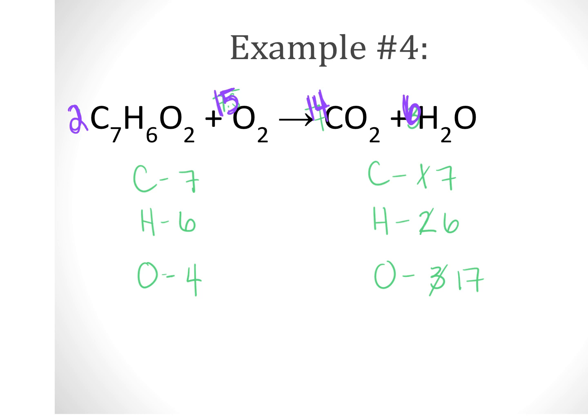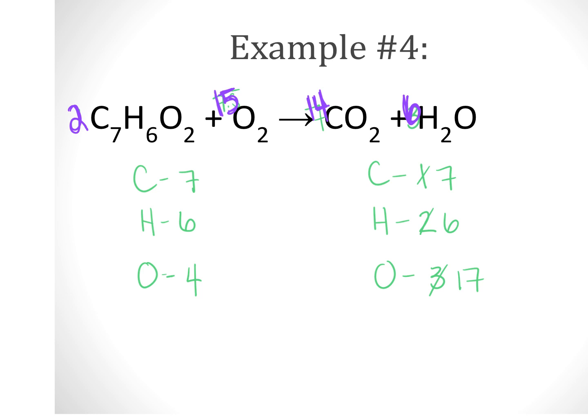Okay, so now we did a lot of guess and check. We did doubling. Should we definitely check our work? Okay, what's 2 times 7? Okay, so 14 carbons. And how many carbons? 14. Okay. What's 2 times 6? Okay, so 12 hydrogens. And what's 6 times 2? 12 hydrogens. And then finally for oxygen, we have 2 times 2, which is 4, plus what's 15 times 2?